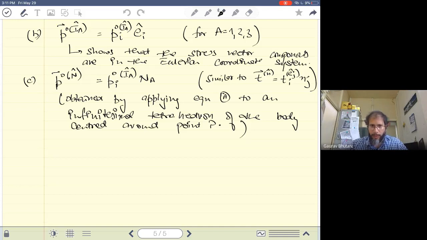Right. Now that we understand the three properties, we will define our first Piola-Kirchhoff stress tensor.